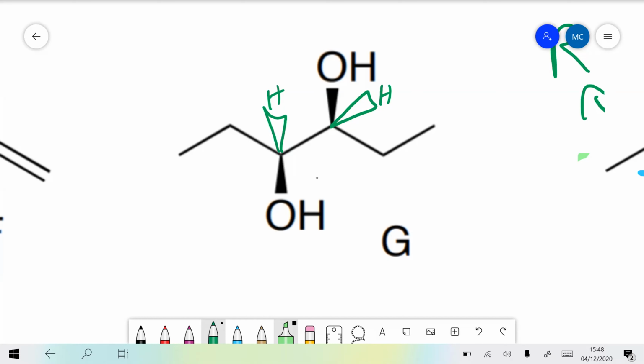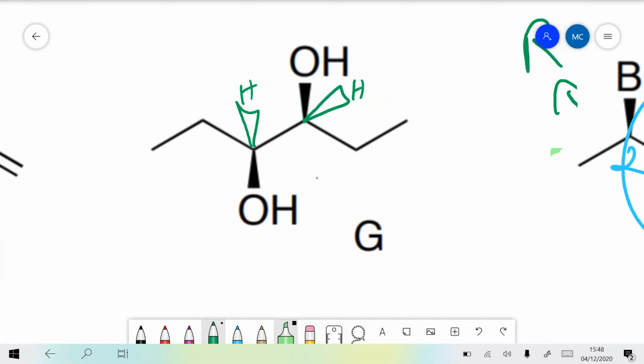I mean, for example, this G is 1, 2, 3, 4, 5, 6. It's hexane 3,4-diol, right? But now we have to see if it's RR, RS, SR, or SS.